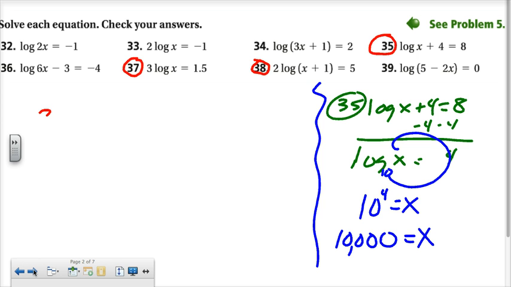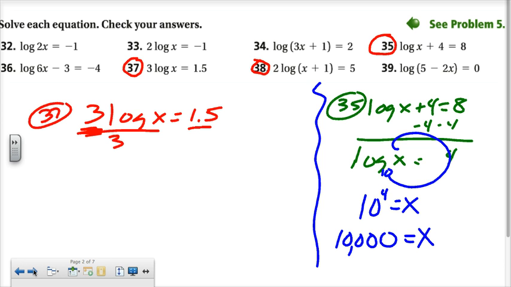Number 37 has 3 logarithm of x equals 1.5, so I need to get my logarithm by itself. That means that 3 has to go. We're still working on isolating. So divide both sides by 3. The logarithm of x equals 0.5. And then, again, we need to exponentiate, which means we need to snail shell this.